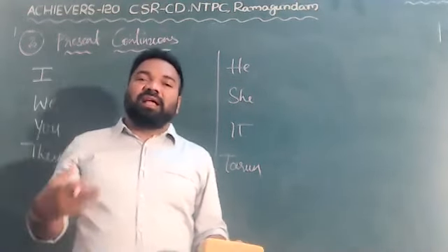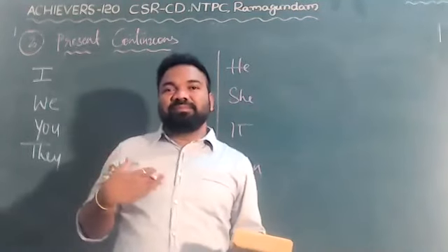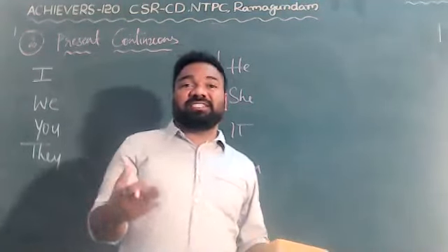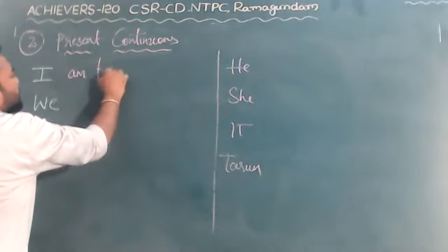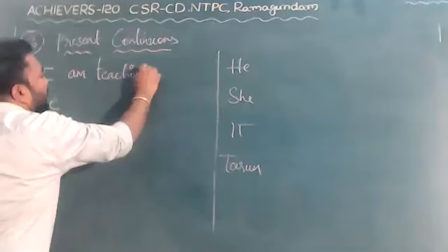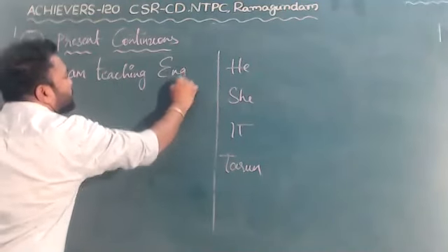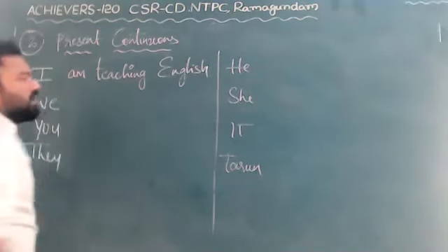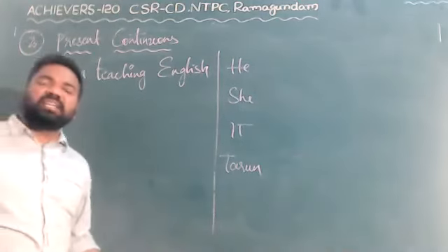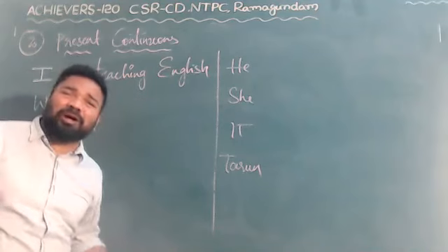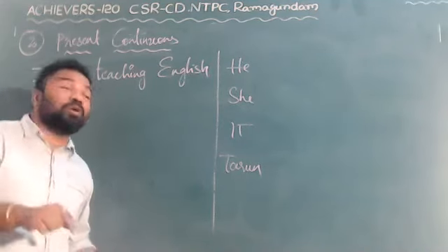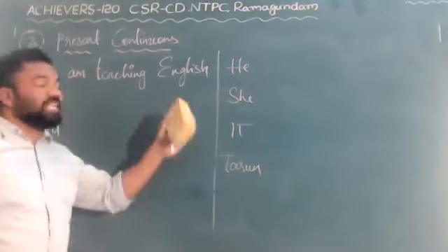For example, you can say, I am teaching English. I'm writing here, see. I am teaching English. Clear, students? Yes, still the action is going on. I have not yet completed, right? So this is what is said of me: I am teaching English.